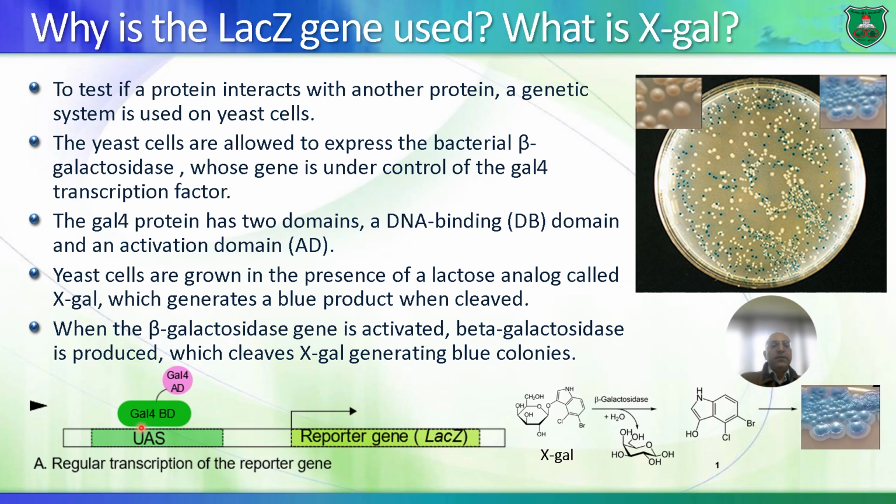This GAL4 protein has two domains, a DNA binding domain and an activation domain. Okay, let's go back to the definition of a domain. A domain is a three-dimensional structure of a protein, and it can fold independently of the rest of the protein, and it maintains its function.